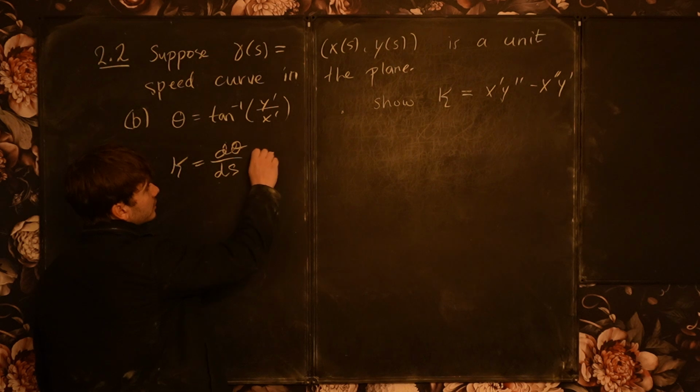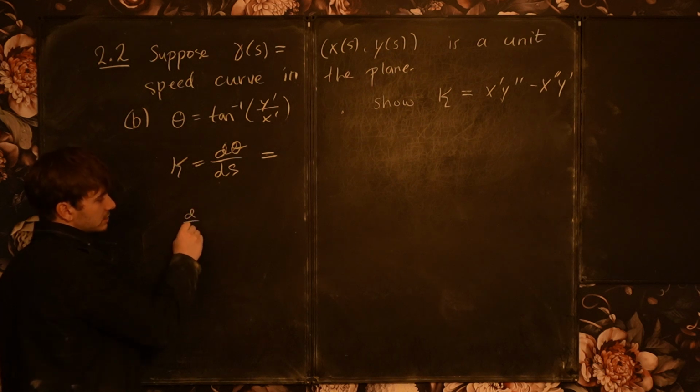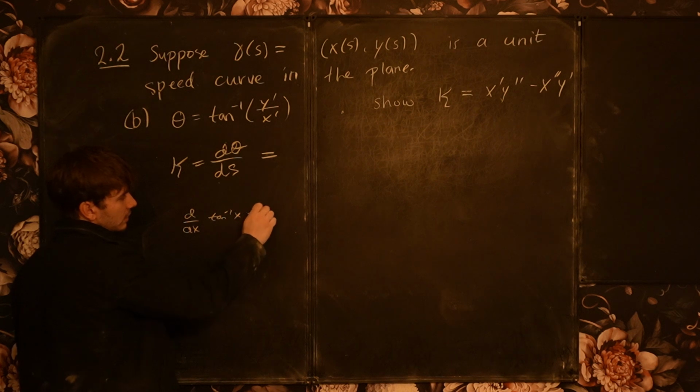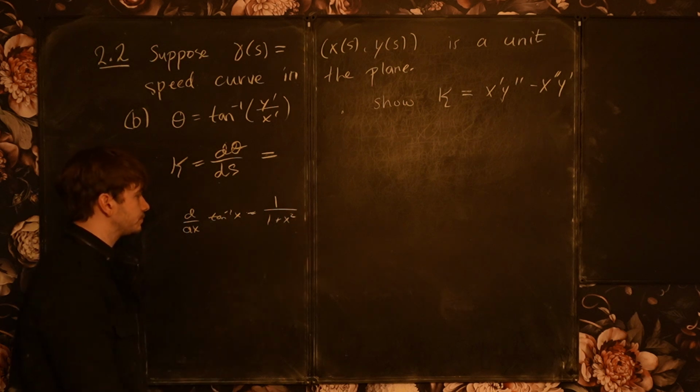So I'm going to take this derivative. Recall that d over dx of arctangent of x is 1 over 1 plus x squared, I believe. Yeah, that looks about correct.